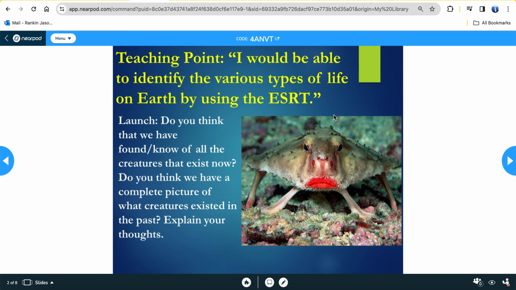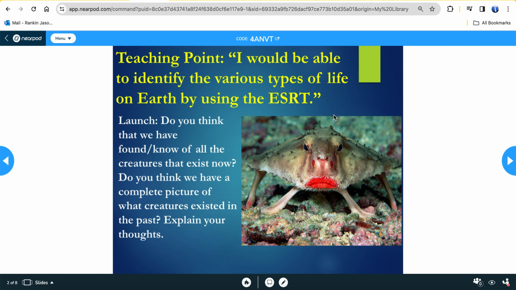Do you think we have found or know of all the creatures that exist now? The answer to that is simply no. We're not too sure of creatures that exist. We can probably see things on land, but we can't really see things at very high elevations, because we're unable to hike and survive and observe for a long period of time those types of organisms that live in those environments, as well as the deepest portions of the sea.